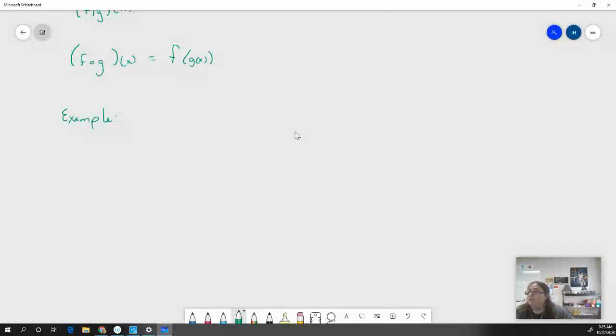So if I'm given a function f of x equals x plus 2, and g of x equals, let's say, 4 minus x squared, and it asks me to find f of g of x and g of f of x.